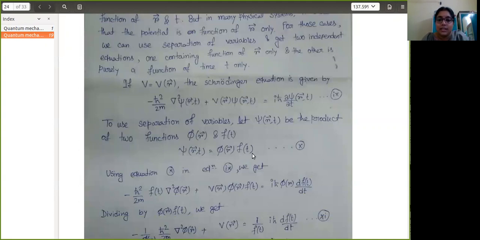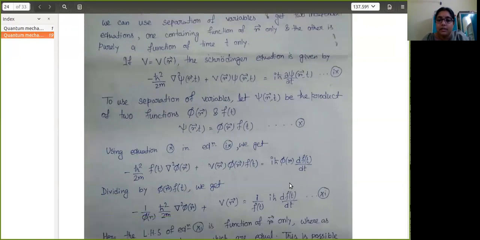Now using this in equation 9, we get minus ħ² by 2m f(t) into Laplacian φ(r), because the Laplacian will act only on φ, not on f, plus V into φ into f plus iħ φ into df/dt, because ∂/∂t will act on f only, not on φ. So φ comes before this.